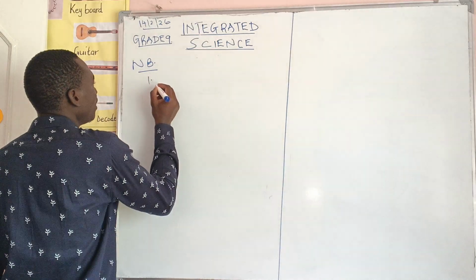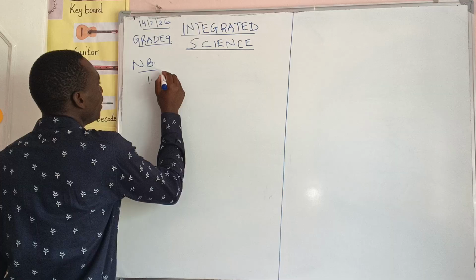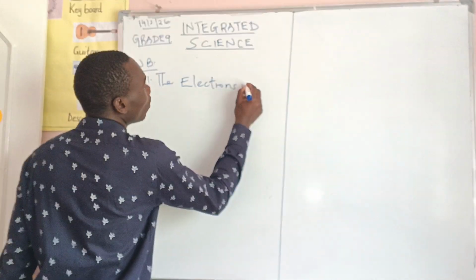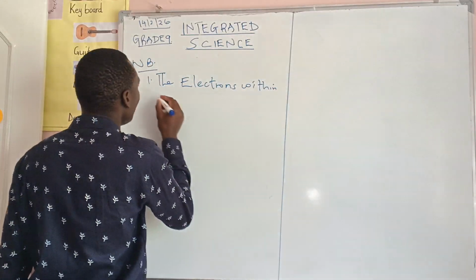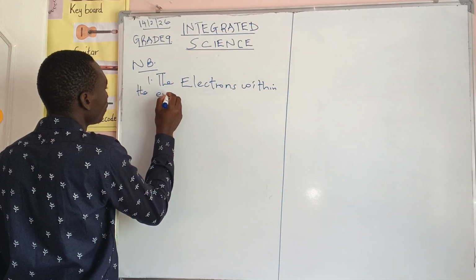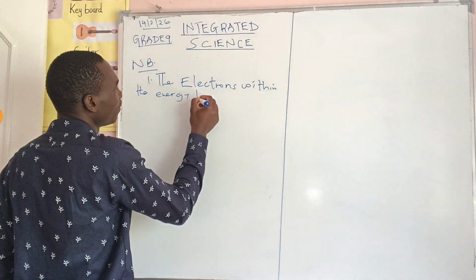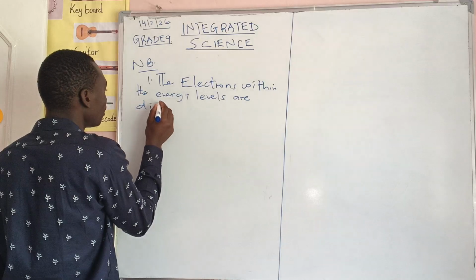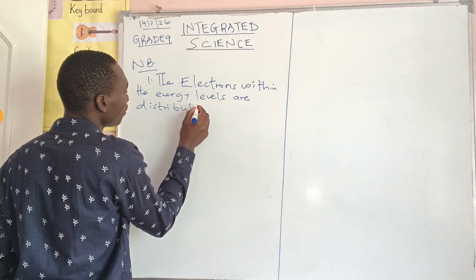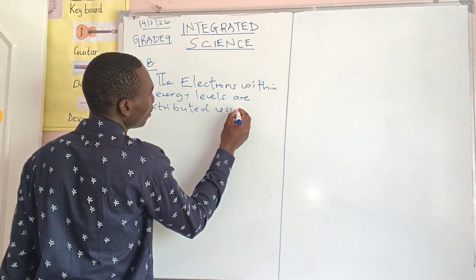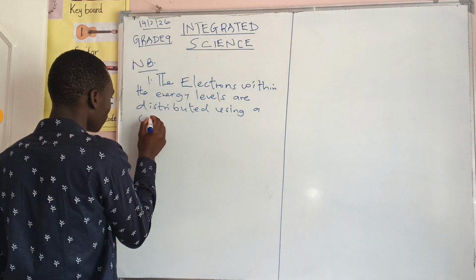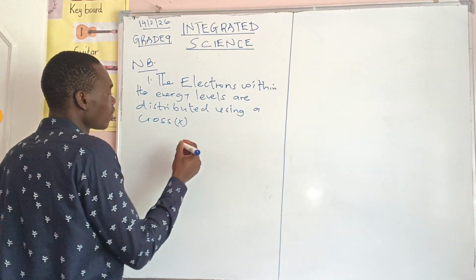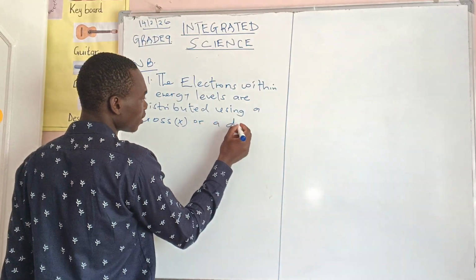Number one, NB. We have to say that the electrons within the energy levels are distributed using a cross, that is X, or a dot.